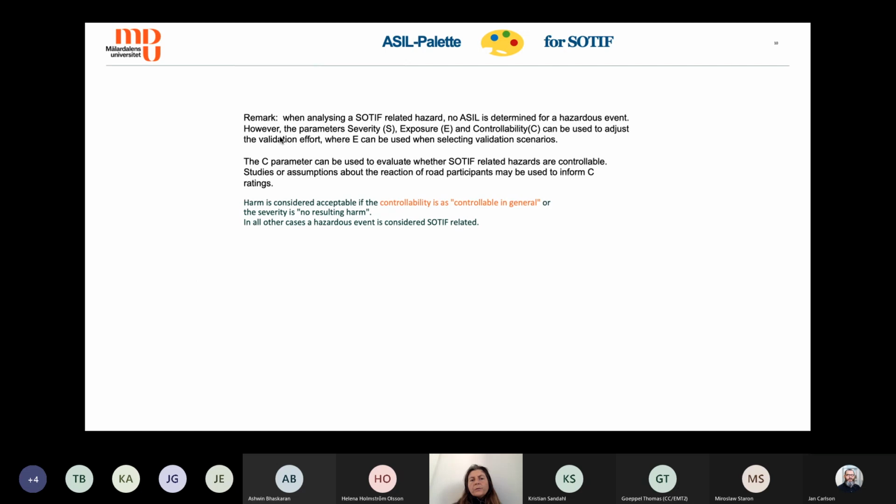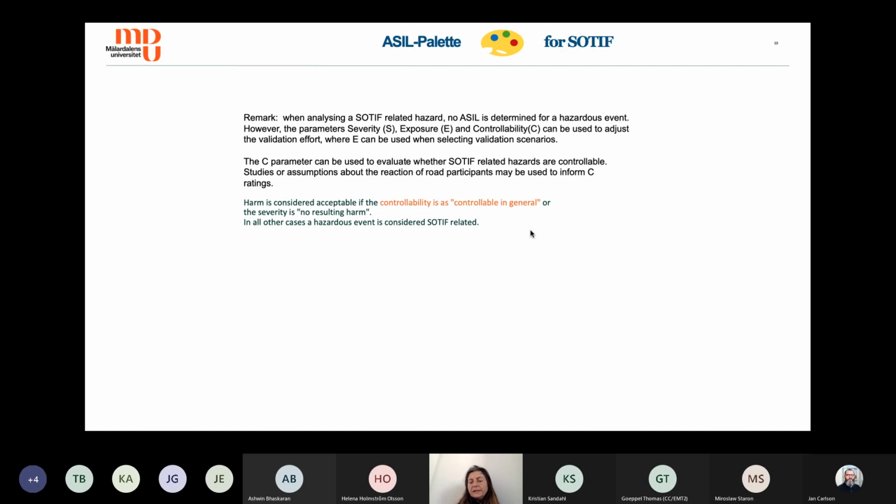And with respect to the ASIL, in the context of SOTIF, there is no need to determine the ASIL. However, the parameters severity, controllability, and exposure that we have seen before are actually used, and a value is assigned in order to decide what to do with that risk that is identified.